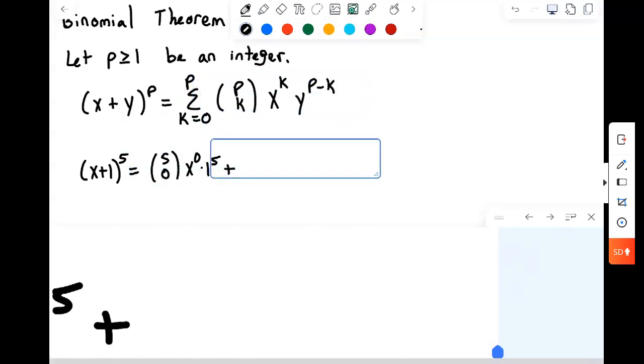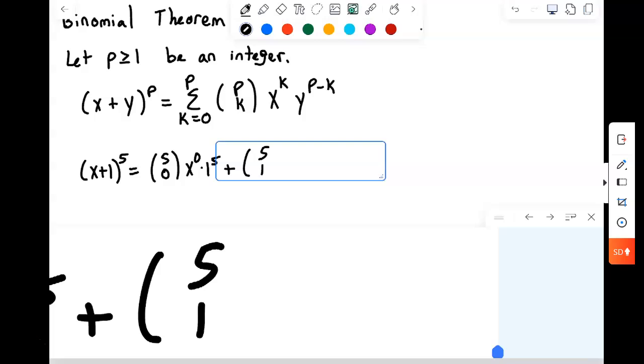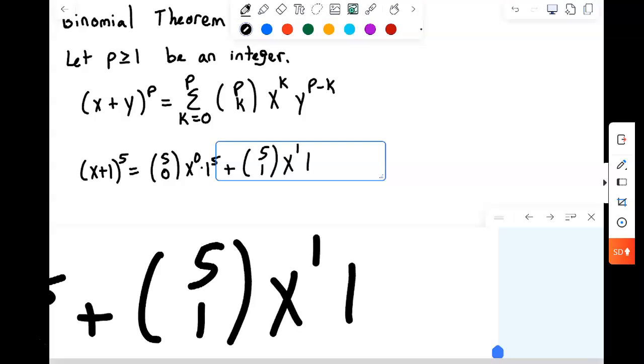Plus, k equals 1: 5 choose 1, x to the 1st, 1 to the 4th.